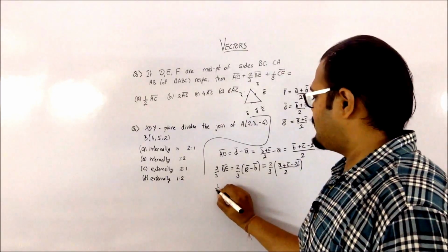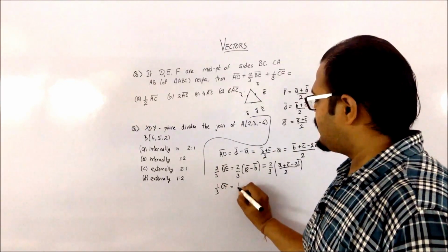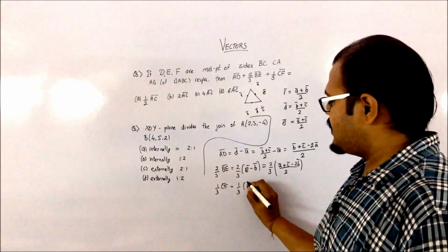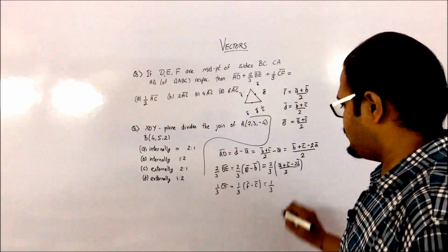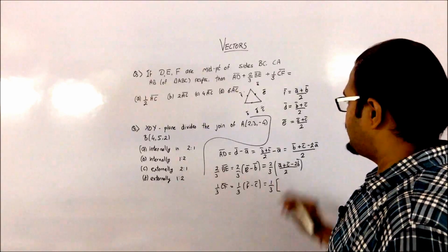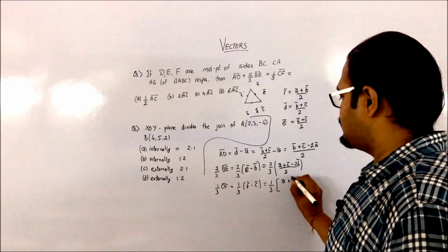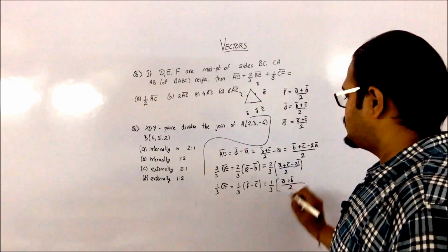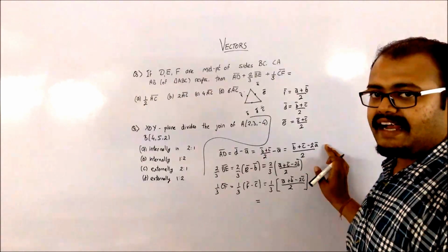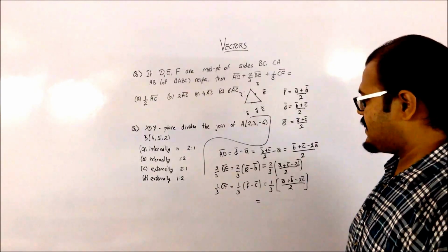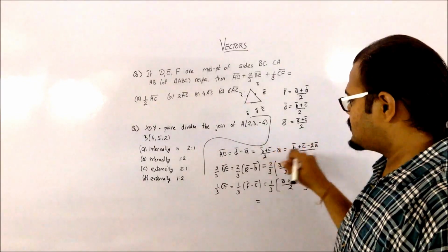And finally 1 by 3 CF bar, so it will be 1 by 3 times F bar minus C bar. F bar is A bar plus B bar by 2, and minus 2 C bar. So now I have to add all these terms. After adding, I know that the LCM will be 6, so I have to multiply this term by 3.